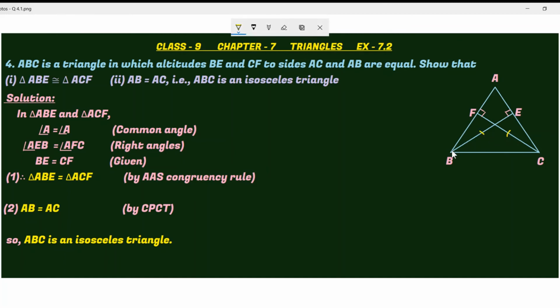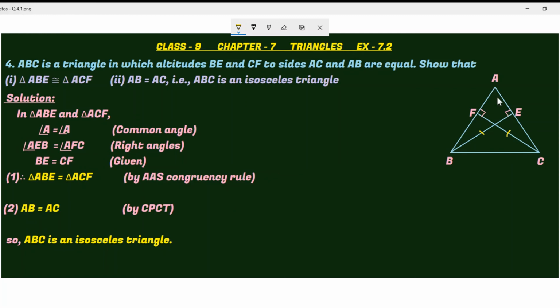That means BE is equivalent to CF. And these two are altitudes for the base AB. So this AB and CF will make a right angle and this AC and the line BE will make a right angle. So both are 90 degrees each.